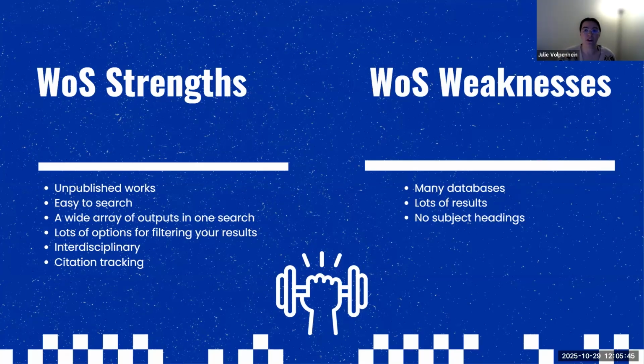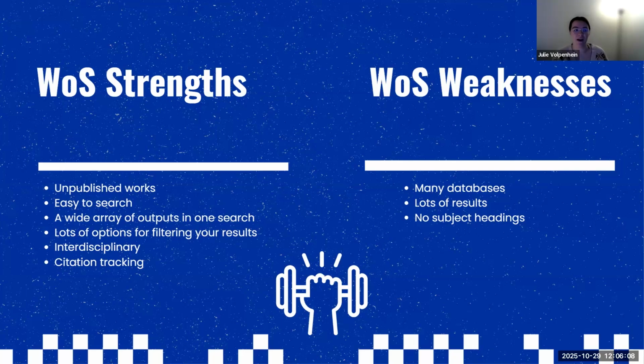It's also interdisciplinary in nature. This can really be a strength when you want to look at a topic from multiple different areas. I'd say the majority of databases are subject specific, which can be really helpful, but sometimes a topic really needs to be looked at from multiple different views. One example I was just reading about was the building of dams in India.